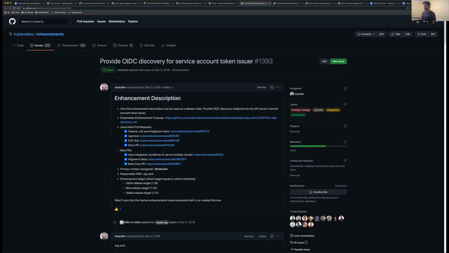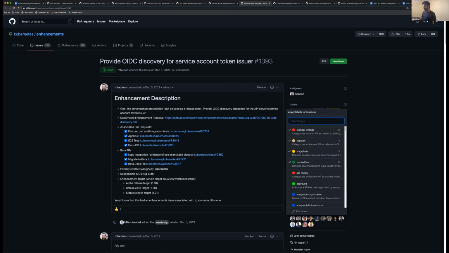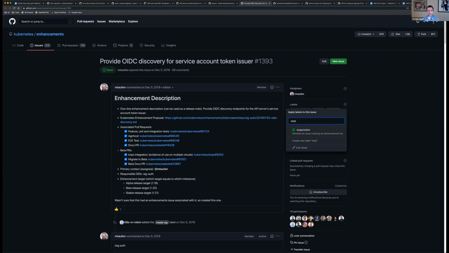Okay, so this should say stable. But should it say tracked yes still? Because that was from when the release team was tracking it in the last release. I don't know. I think this is a weird way to manage state. Yeah, I don't know how to use it.